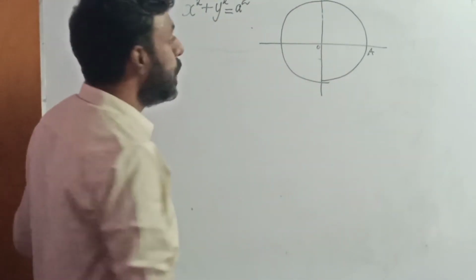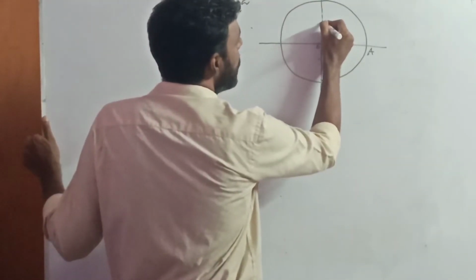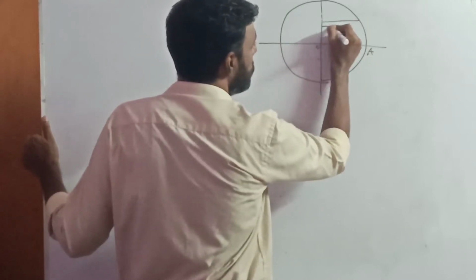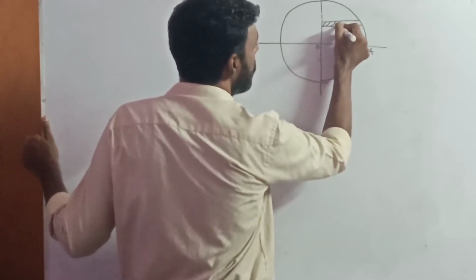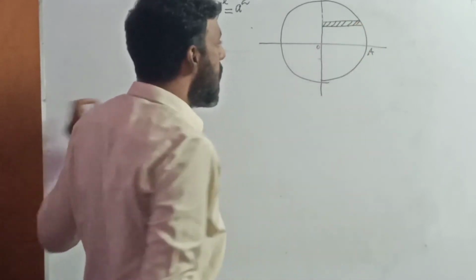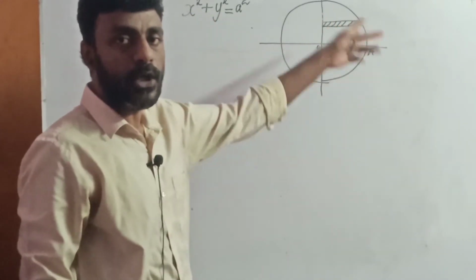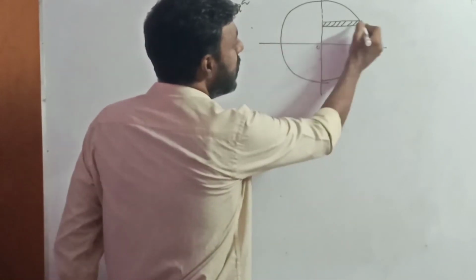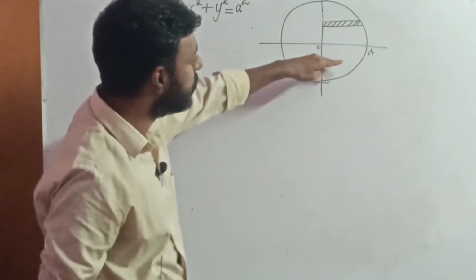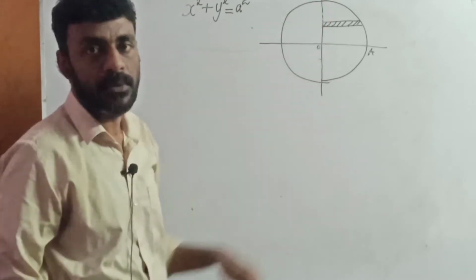Now I'm going to consider a horizontal strip. In the previous case, I considered a vertical strip which had an area of y into dx. Now I'm considering a horizontal strip which is capable of moving from the point 0 to the point B.